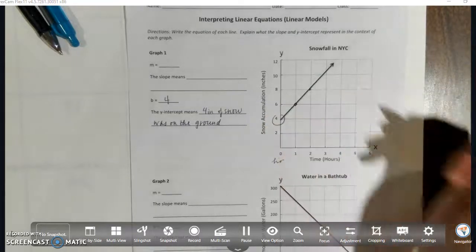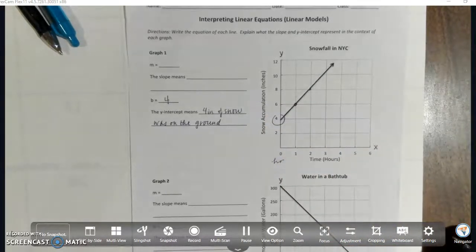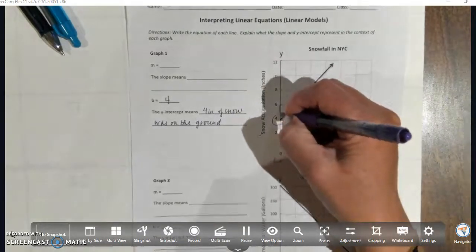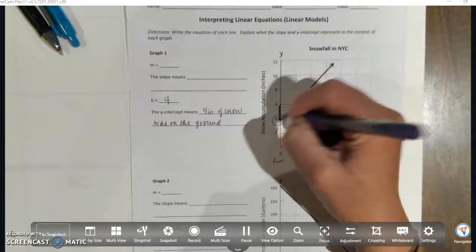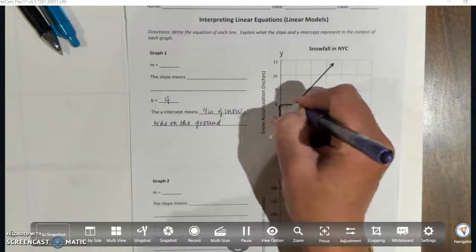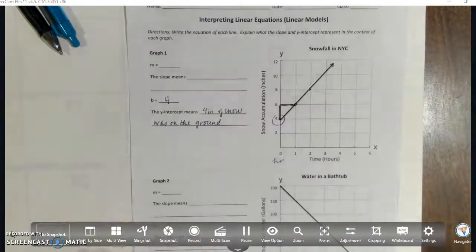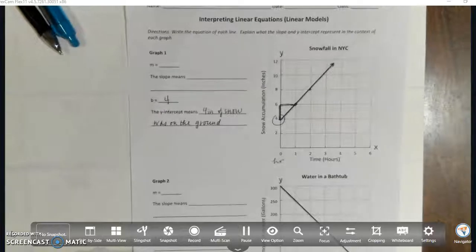When we determine the slope, when you do that rise and run, you are looking at 1 unit by 1 unit, so the slope is 1.